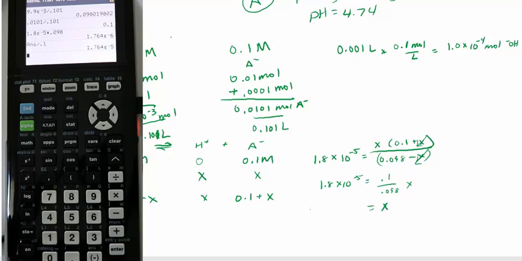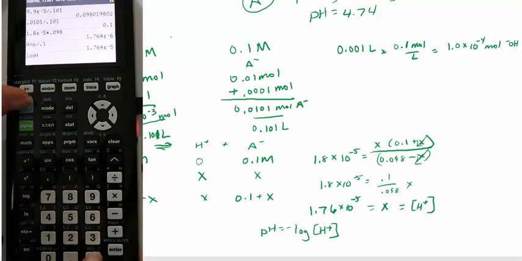Now that's my hydrogen ion concentration, but the question wanted the pH. It is the negative log of the hydrogen ion concentration. So in the calculator, I'm going to take the log, and get a pH equal to 4.75 for part B.